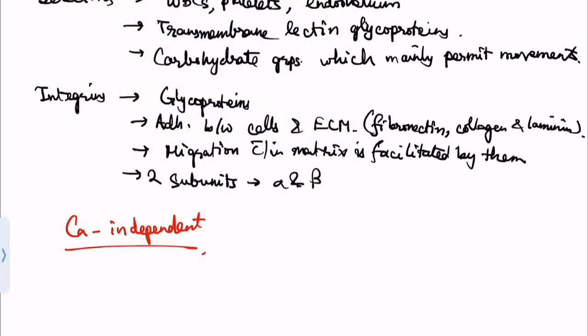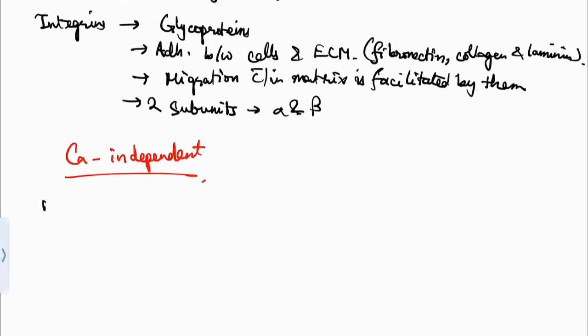That includes tight junctions, also known as zonula occludens.